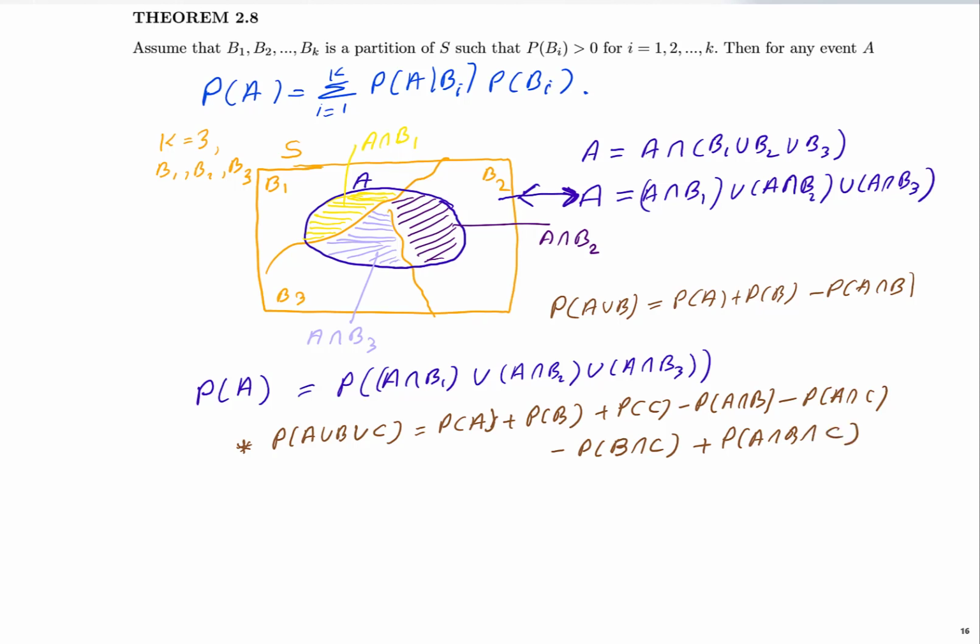So we know this one. So now think about this and compare with our probability of A.